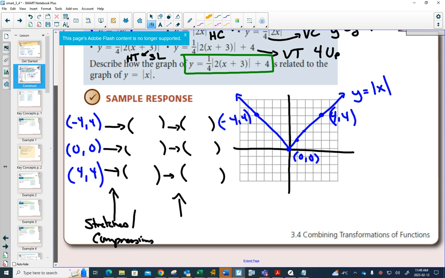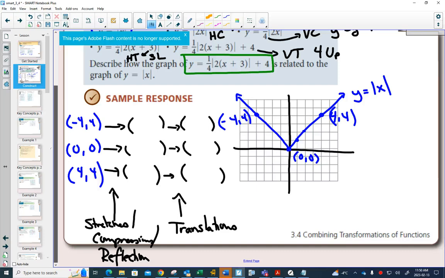And the second set of arrows will always be our translations. In fact, if you have a reflection, that's also in your first set: stretches, compressions, and reflections are in your first set of arrows. Your second set of arrows will be your translations. So we'll do our stretches and compressions first, find out where those points go, and then do our translations afterwards.